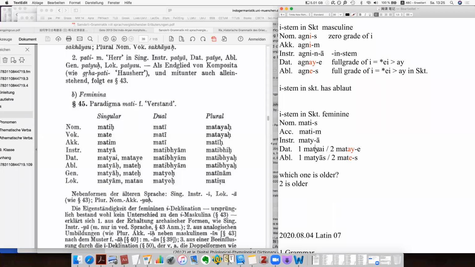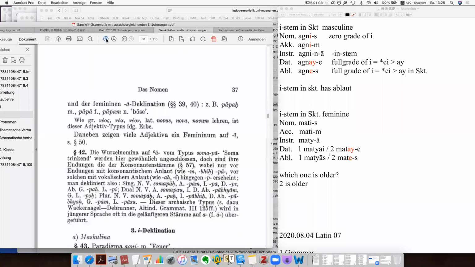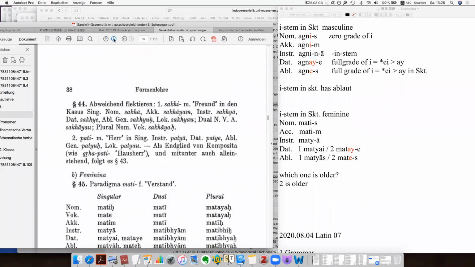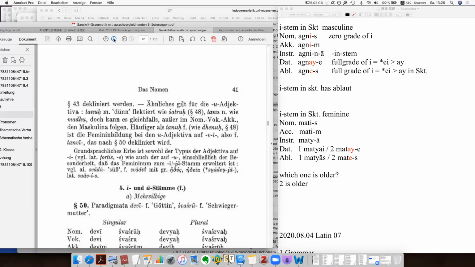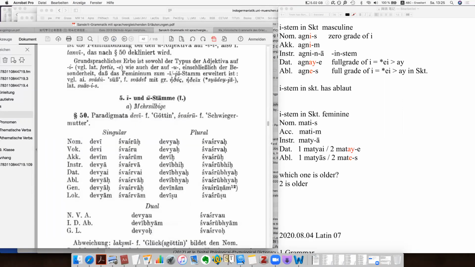But why do we have this form? Yai, us. So now let's go back, let's move on to the E stem. So this is actually the E stem, very important Indo-European E stem.